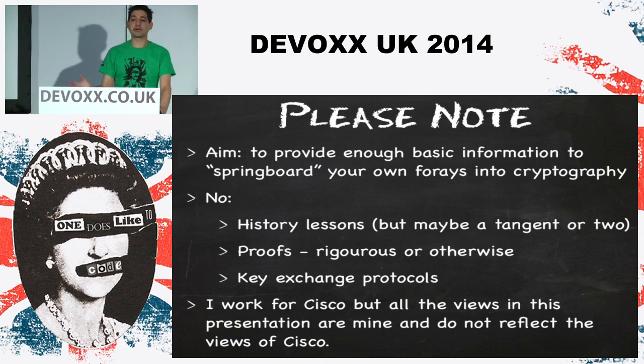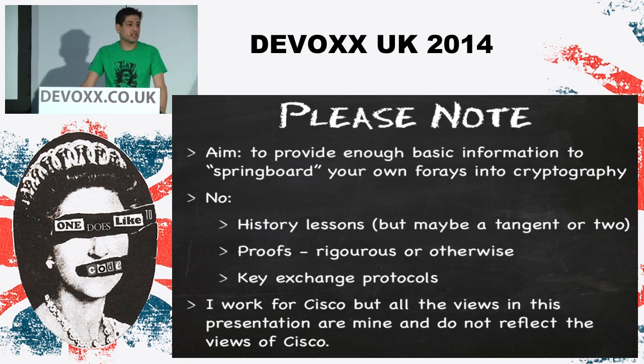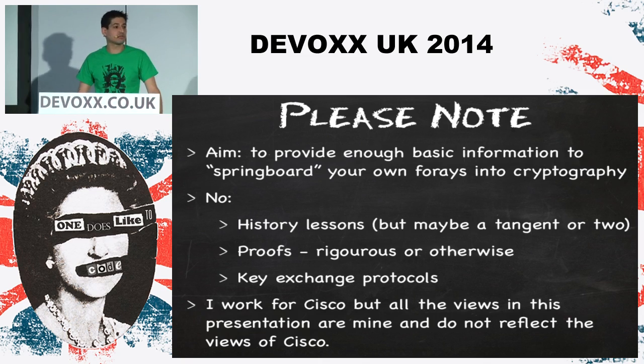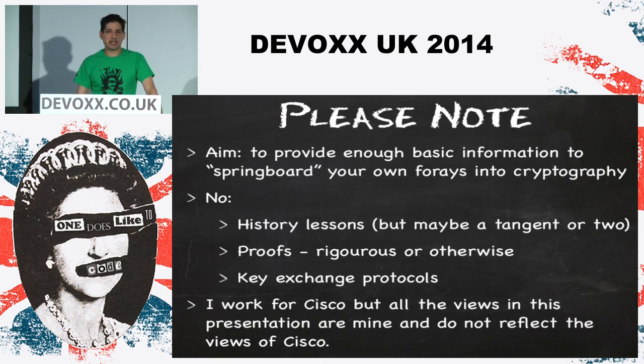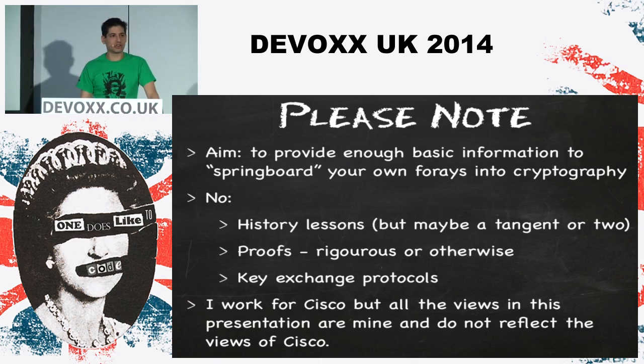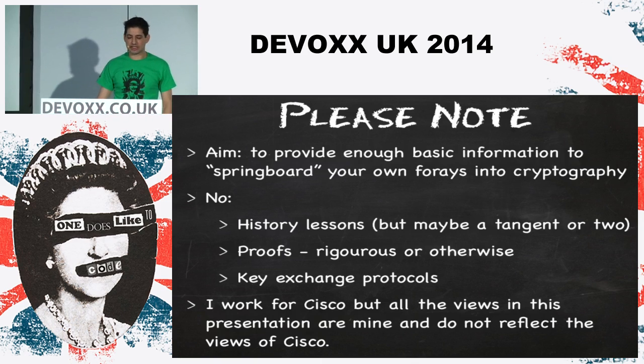That's on Parleys. Go and have a look at that. No proofs. Proofs are tediously dull to anyone that doesn't enjoy mathematics, and even some of the ones that do. And also, we're not going to do key exchange protocols. These are a part of how the internet works and how these systems work. I'll touch on them, but I'm not going to cover them in any great depth.